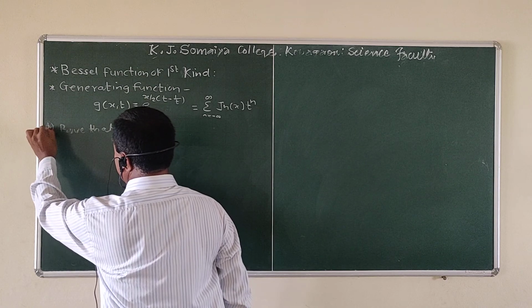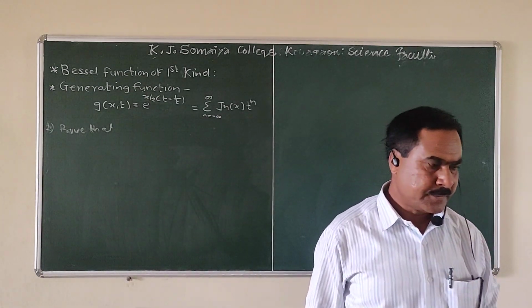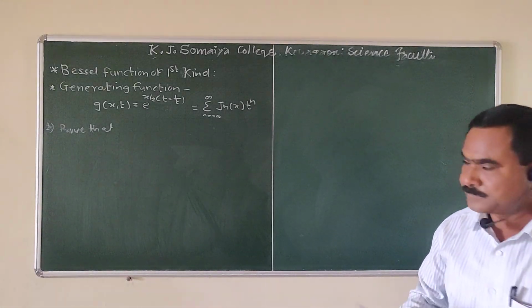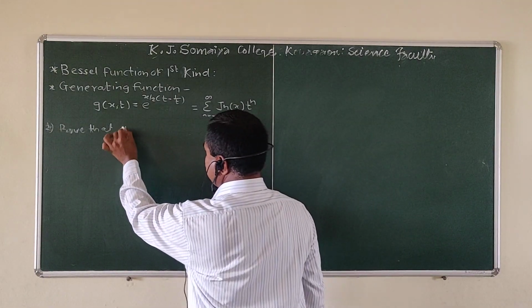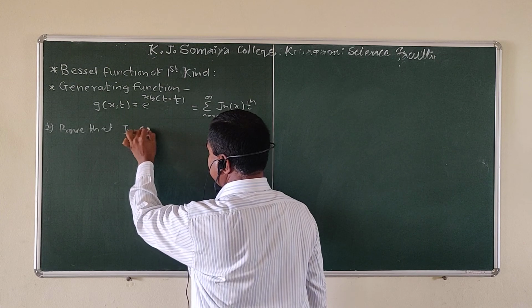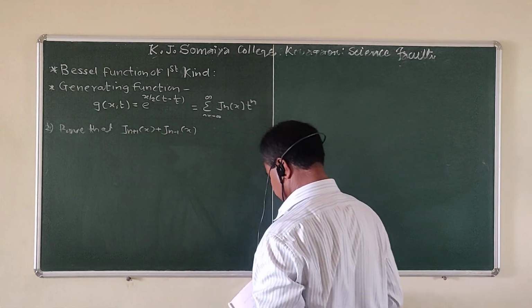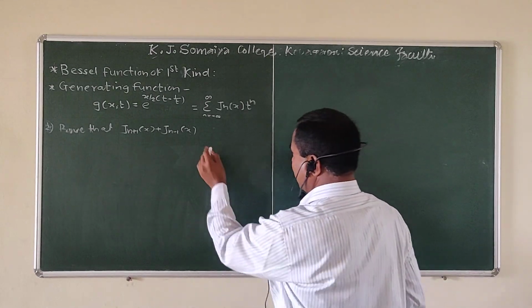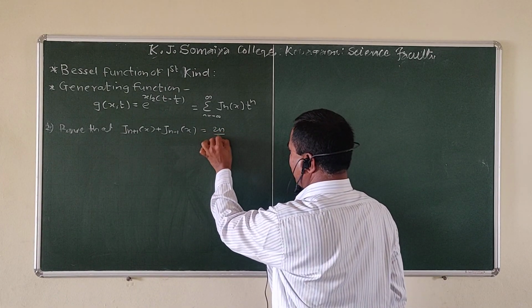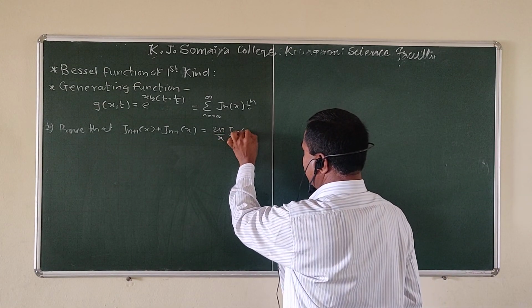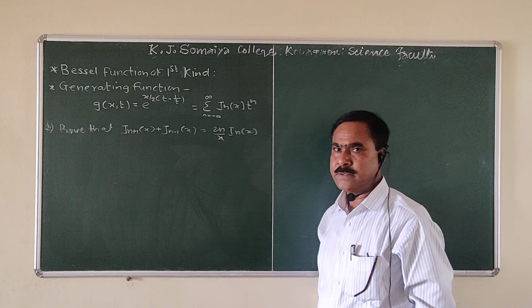In the second property we have to prove J_{n+1}(x) + J_{n-1}(x) = (2n/x) J_n(x).